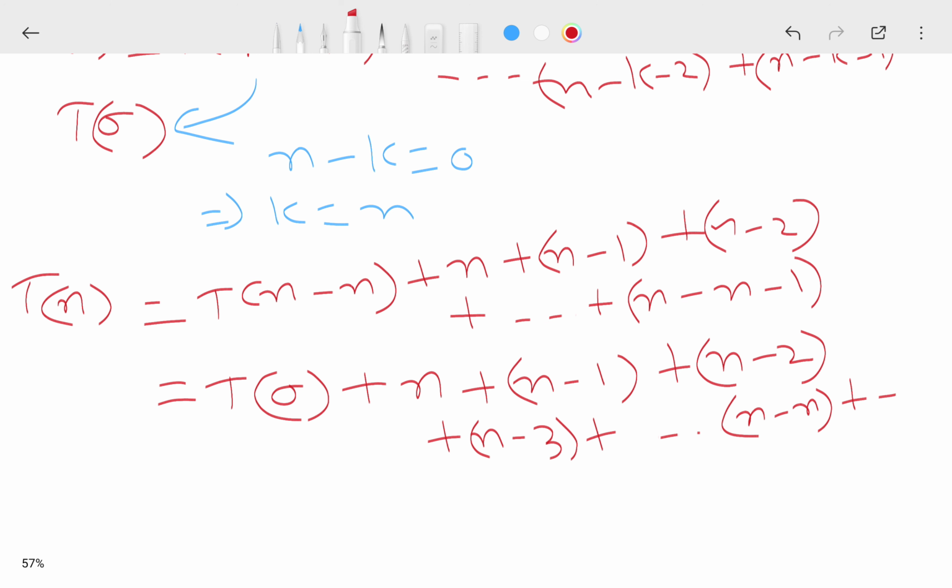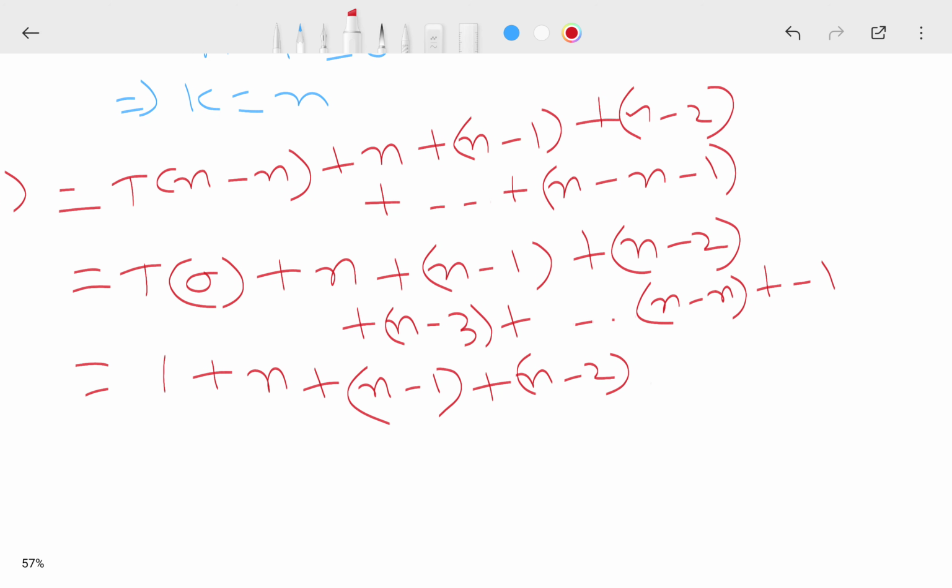So we know t of 0 value is 1, plus n plus n minus 1 plus n minus 2, so up to plus 0 minus 1.